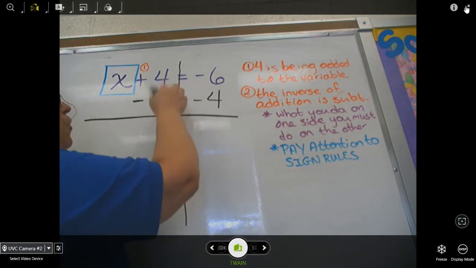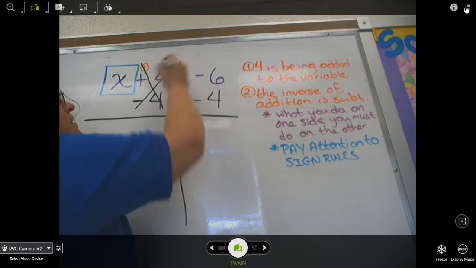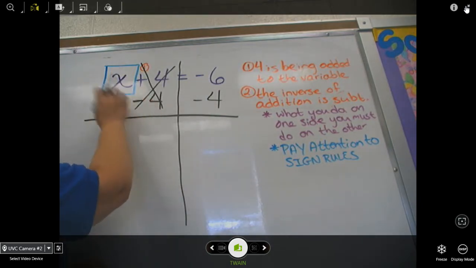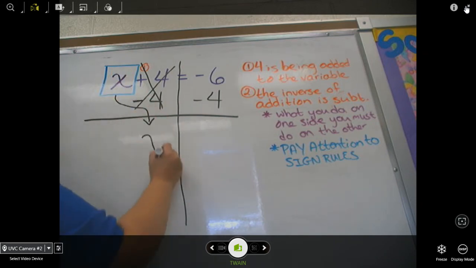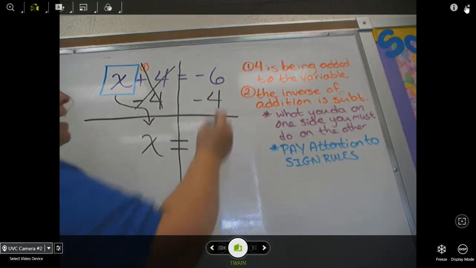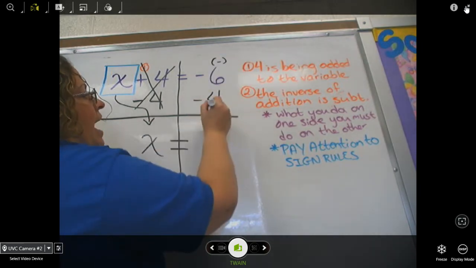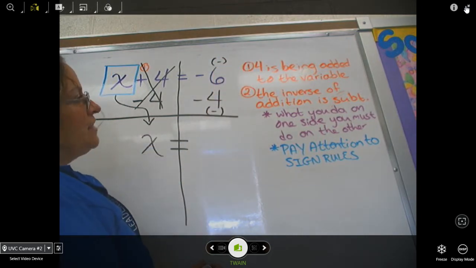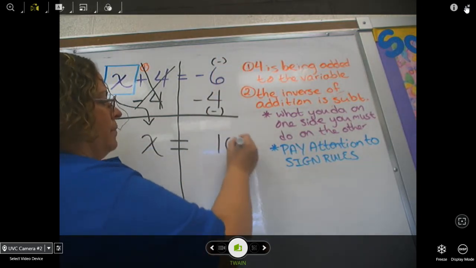What's 4 minus 4? It's 0. That's the whole point. We're trying to move it away. It has to get away from this x. So the x comes down. It's now by itself, which was the whole point. Now, I have a negative. My signs are the same. When my signs are the same, I add the numbers.